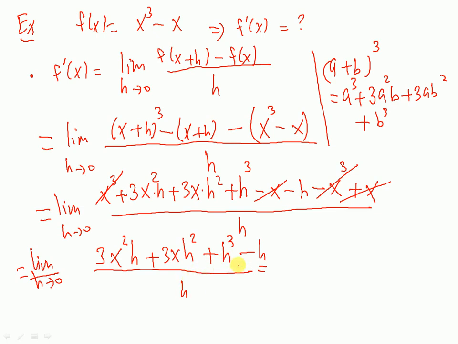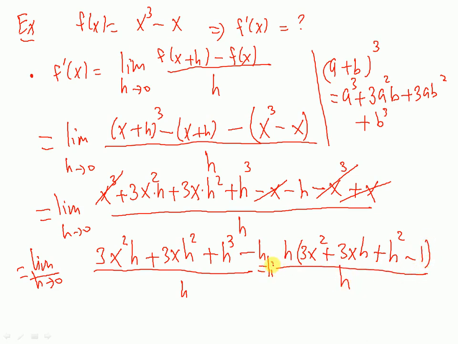So we have to factor out the h on the top in order to cancel with the h at the bottom first. So let's factor out the h on the top. Factor out the h: 3x squared, and then plus 3x h, right? Take out one h to the outside, and then plus h squared, and then we take h, have one left, minus 1.